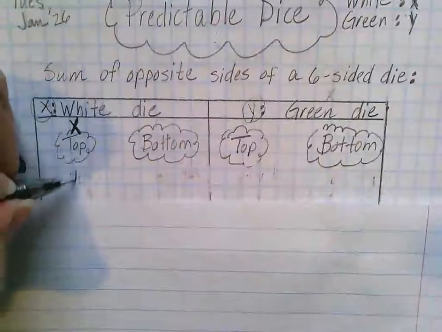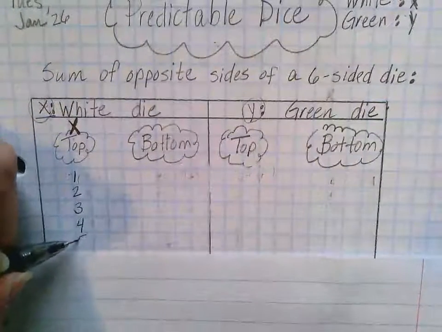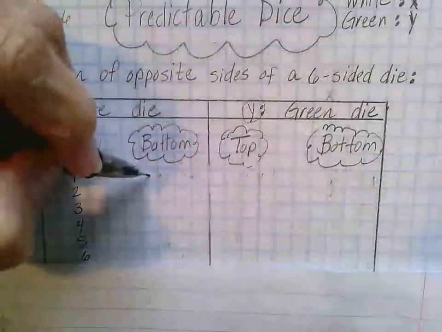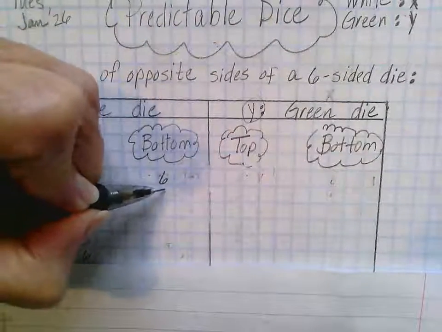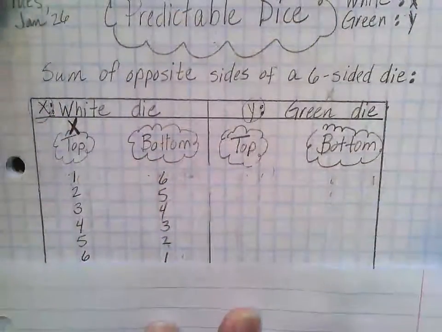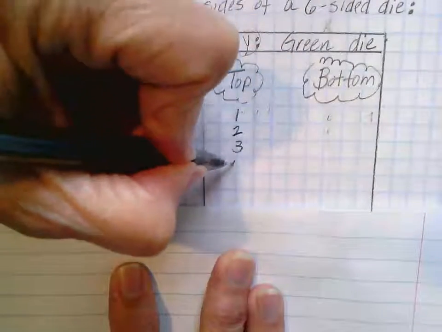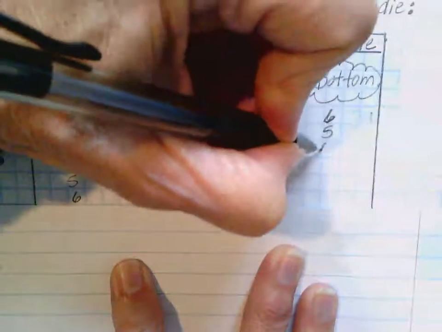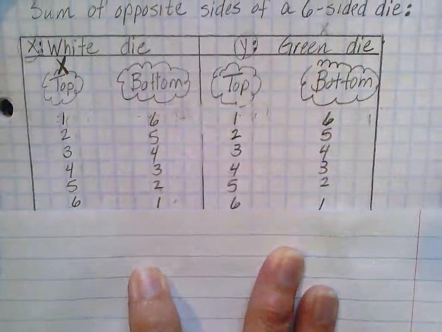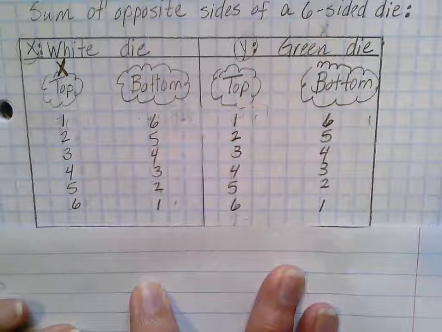We could have 1 on the top, 2 on the top, 3, 4, 5, or 6 on the top, which would mean we would have 6, 5, 4, 3, 2, 1 on the bottom for our white die. Same thing for our green die. If you need to pause the video to get your table set up, this is a great time to do that.